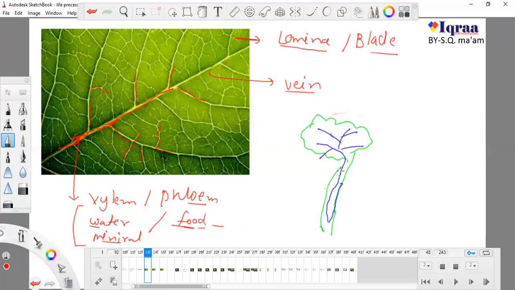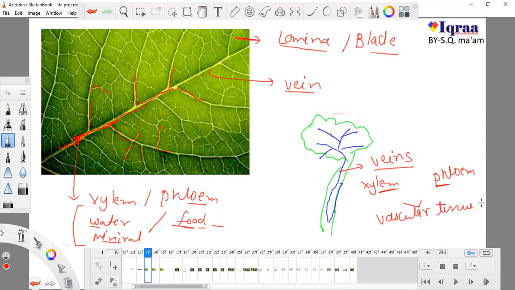These veins are known as vascular. They are generally made up of xylem and phloem. Don't forget that when xylem and phloem are taken together, they are known as vascular tissues.